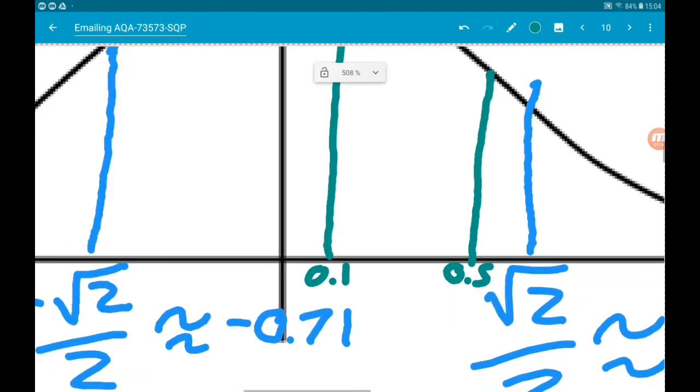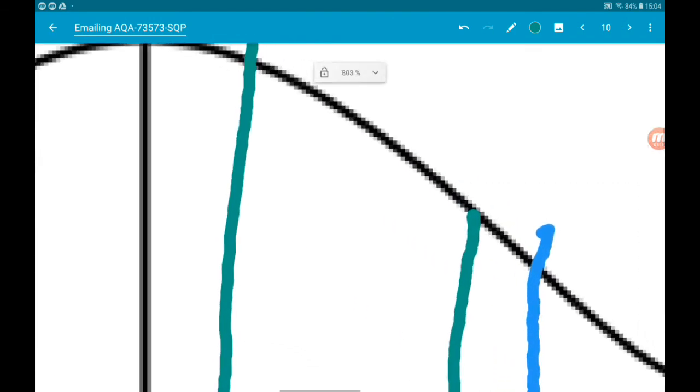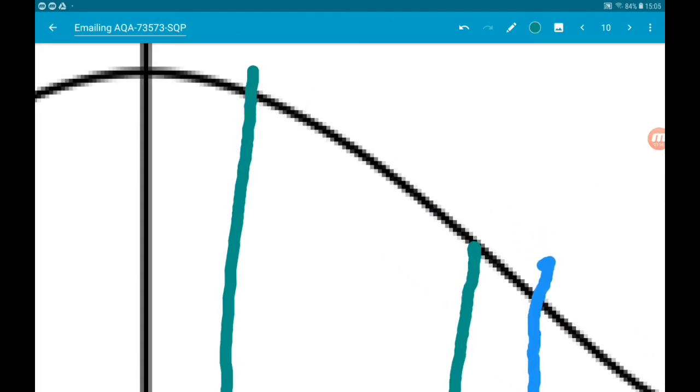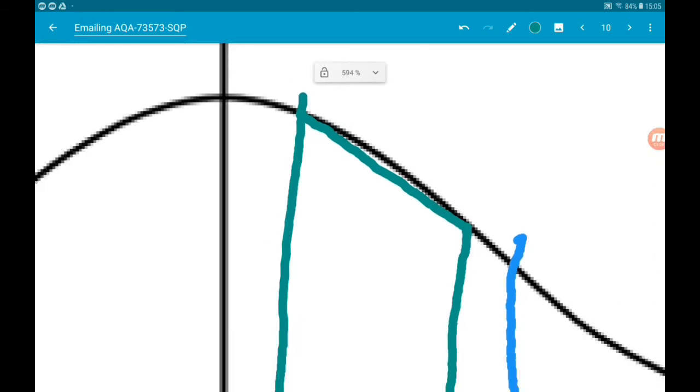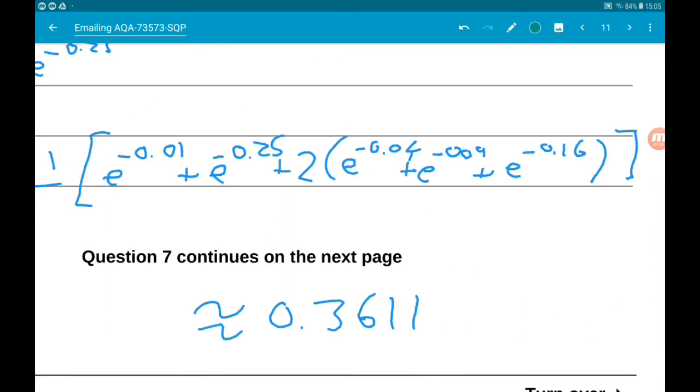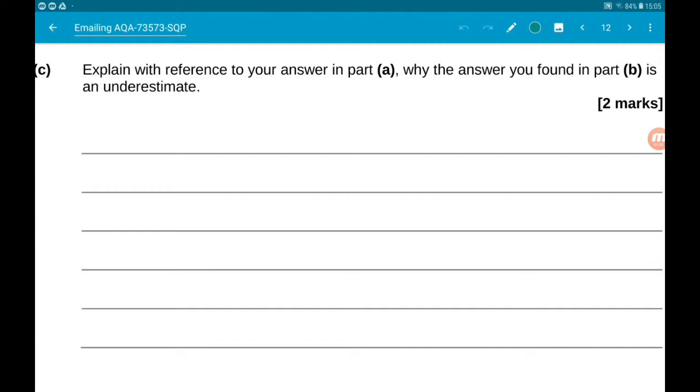So, what's going to happen is the trapeziums that we have drawn are all going to be just under the curve. So that means there is going to be area between the trapeziums and the curve. So that is area that is not getting counted in our estimate.